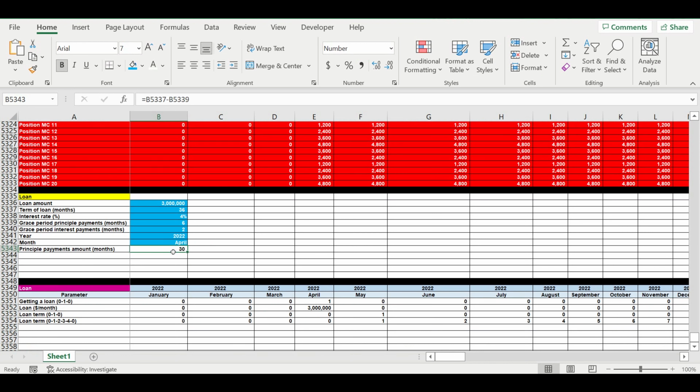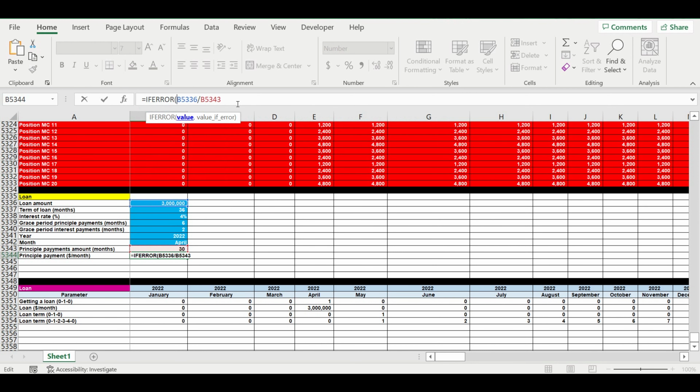So we are paying the principal 30 times, and principal payment dollar per month will be this value divided by this value. If error, then 0.